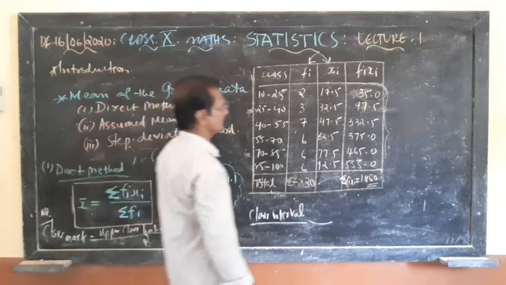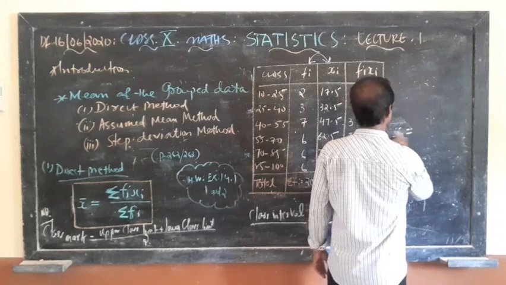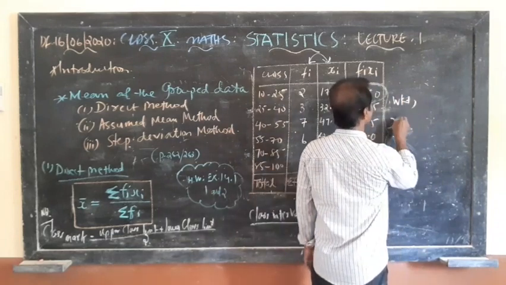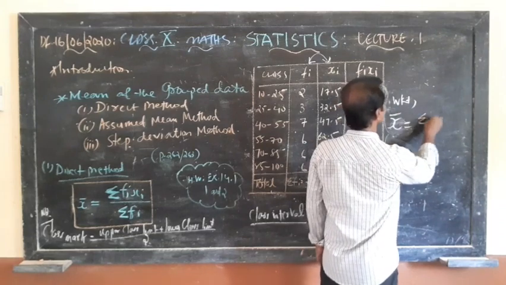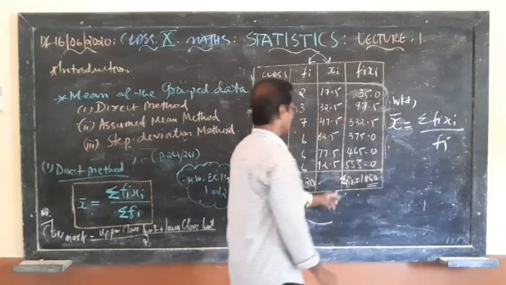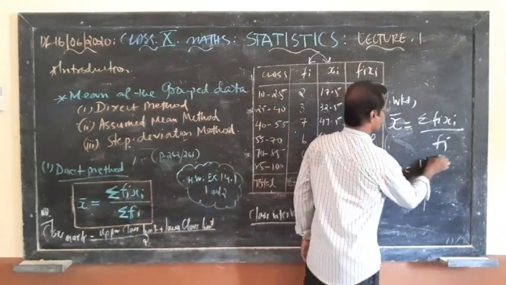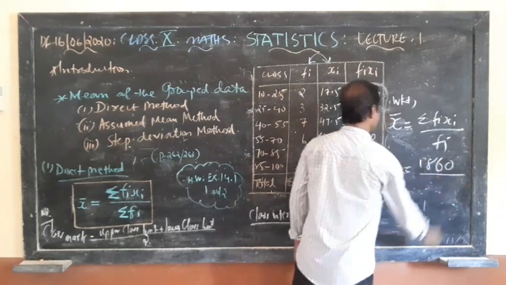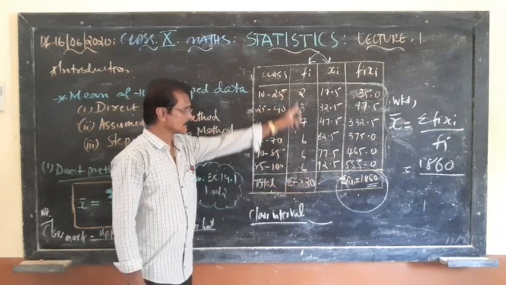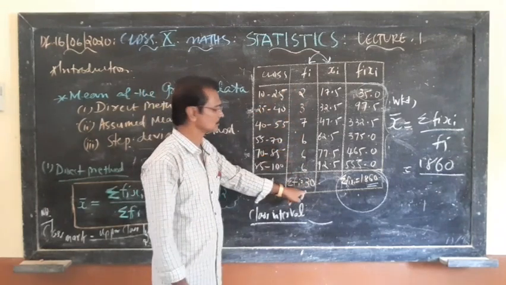Now what is the formula? X bar is equal to the mean. We know that formula, you can write: x bar equals sigma fi xi divided by sigma fi. Now sigma fi xi is 1860, so you write 1860 divided by sigma fi. Fi means frequency, so you need to add all these numbers: 2 plus 3 plus 7 plus 6 plus 6 plus 6 equals 30.